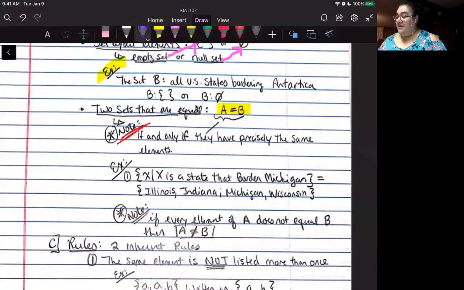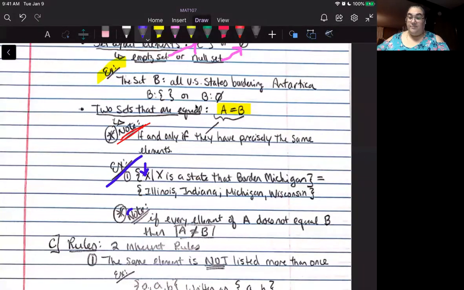Let's say that we're looking at the set of X, such that X is a state that borders Michigan. This set is equal to this set, Illinois, Indiana, Michigan, and Wisconsin. Why? Because those all border, okay?